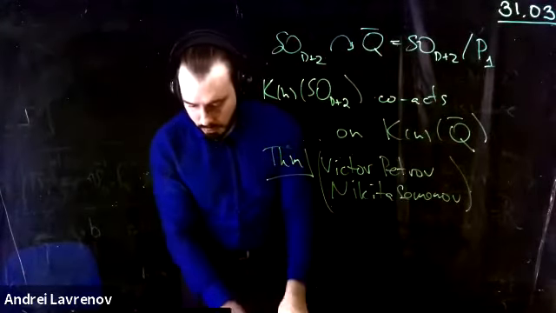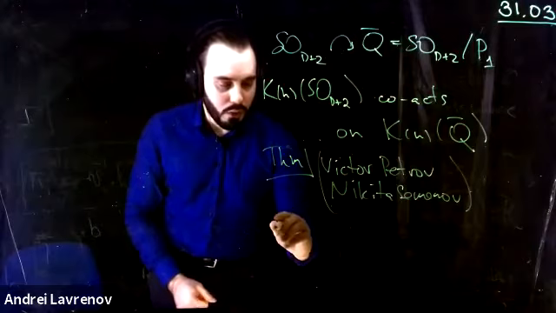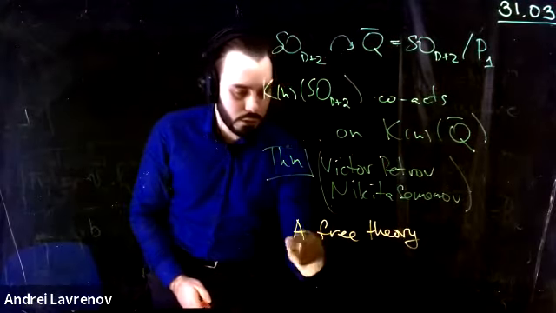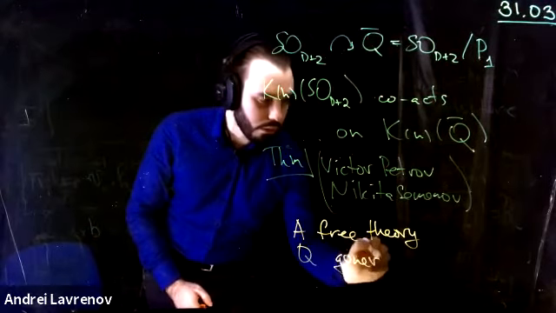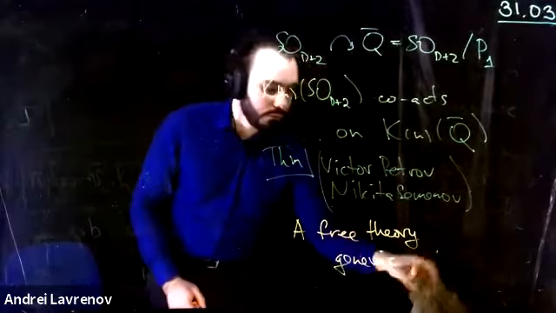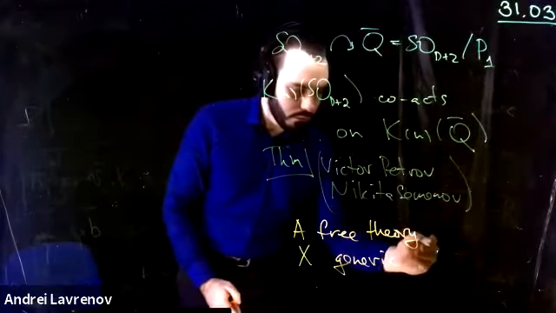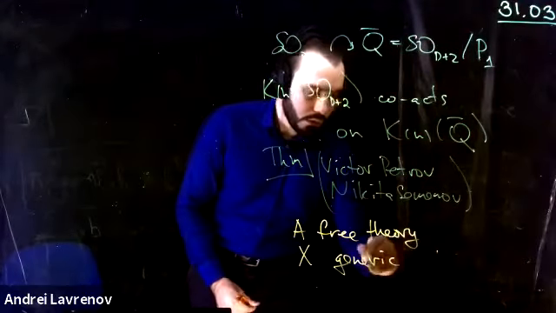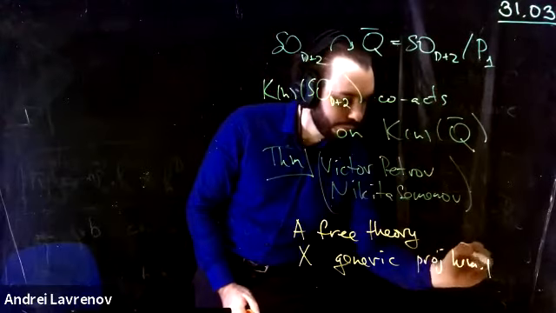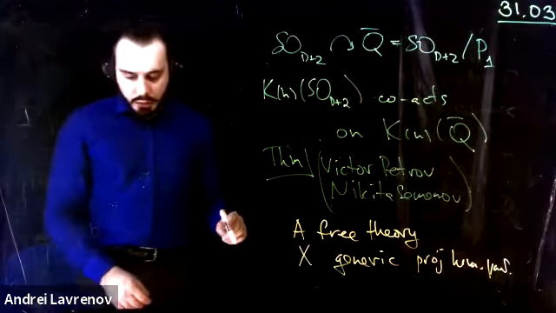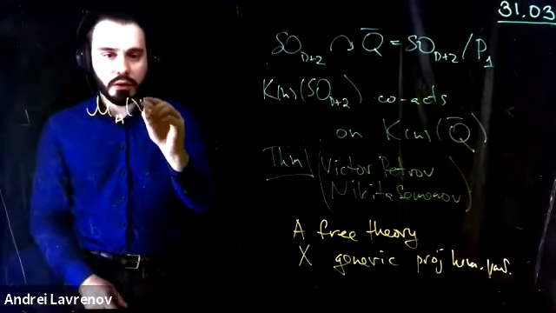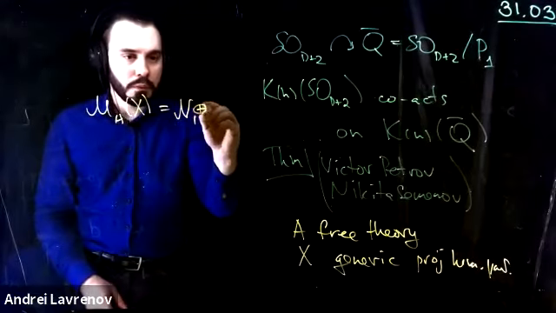If we have a motivic decomposition of a generic quadric, so say A is a free theory and Q a generic quadric, or in fact a generic projective homogeneous variety, and moreover the motive of X decomposes as a direct sum.